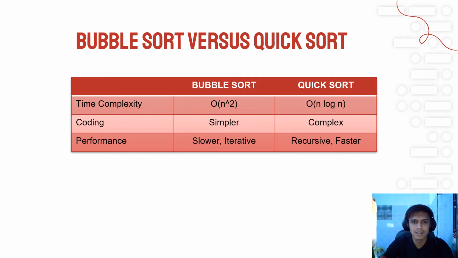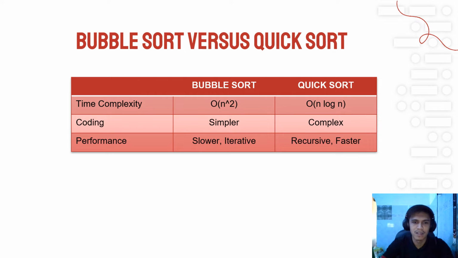The time complexity for the bubble sort is slow, in place, for a small data set. For the quick sort, the time complexity is faster, randomized, and in place for a large data set. For the coding, bubble sort is more simple. Quick sort is more complex.